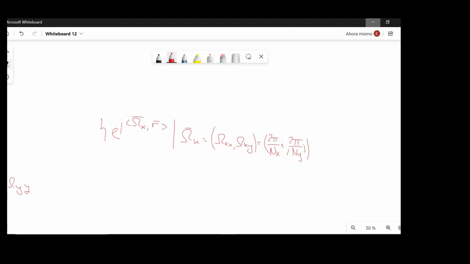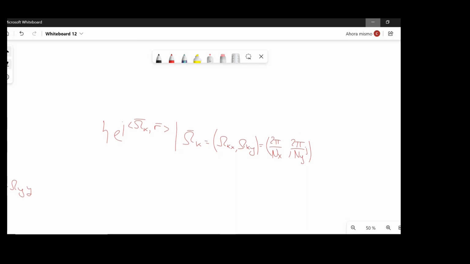So let us use k. I will have a couple of indexes, so I will write kx, ky. So now we also have k, and k again here is a vector. So what are our kx, ky? It is 0, 1, and it is 0, 1. This is my set.